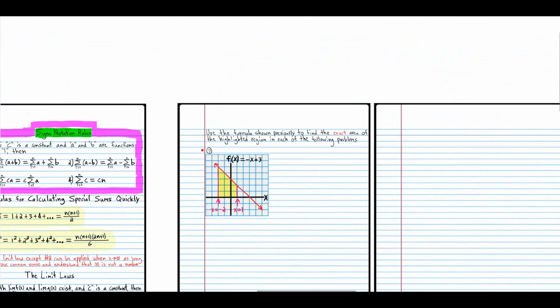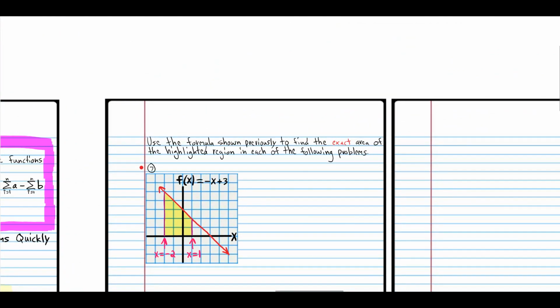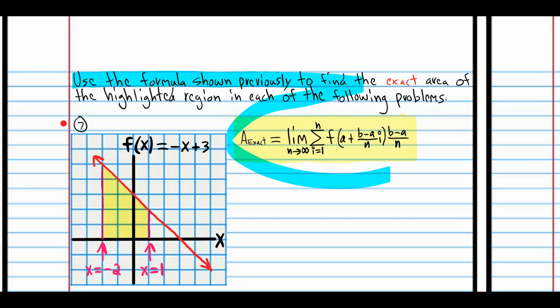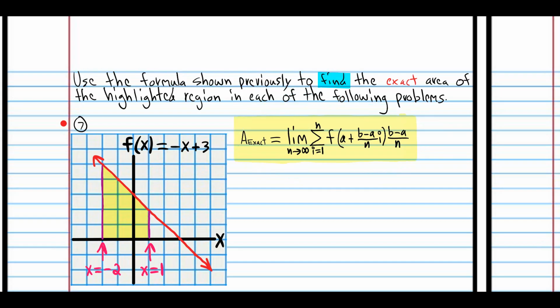And now we're going to do some problems. So we're going to use this formula for the rest of the class. It says here, use the formula shown previously, this formula here, to find the exact area of the highlighted region in each of the following problems. We're finding the exact area, not an estimate, the exact area.